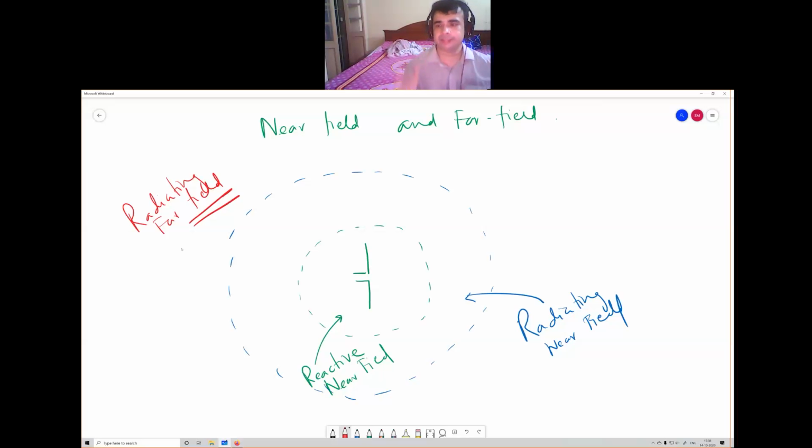The area very close to the antenna, where the reactive components dominate, is the reactive near field.